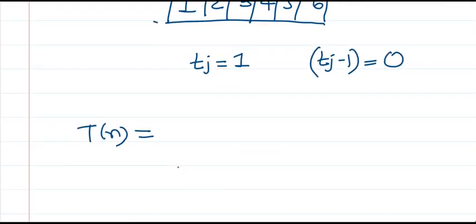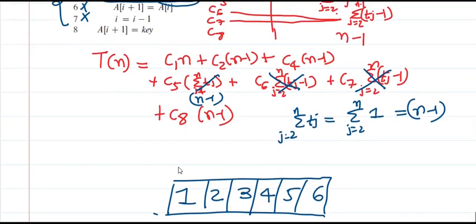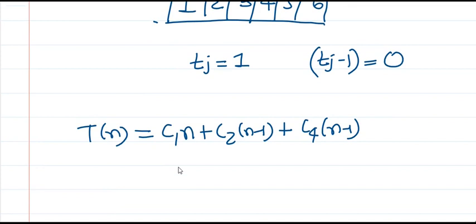So let me write down the modified equation here. The first term will remain as it is, which is nothing but c1 times n. The second term will also remain as it is, which is c2 into n minus 1, and the fourth term c4 into n minus 1. But now the fifth term is nothing but c5 into n minus 1, because we are substituting the value of tj.